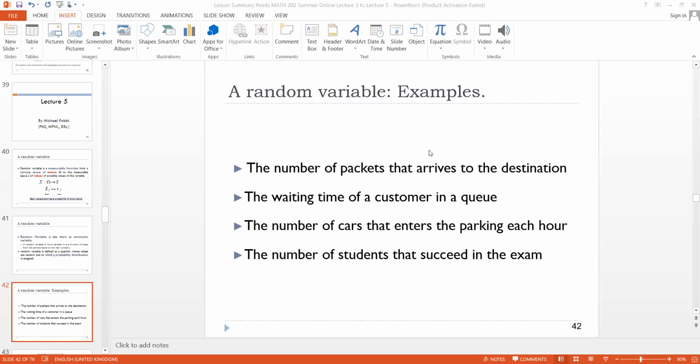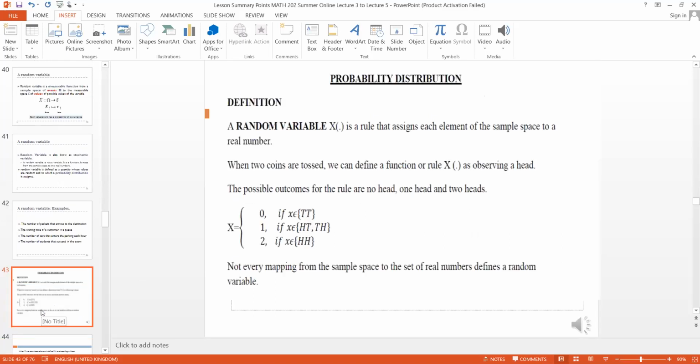Okay. So number of cars that enter a parking space each hour. All of these are random processes or random variables. Now let's take an example.